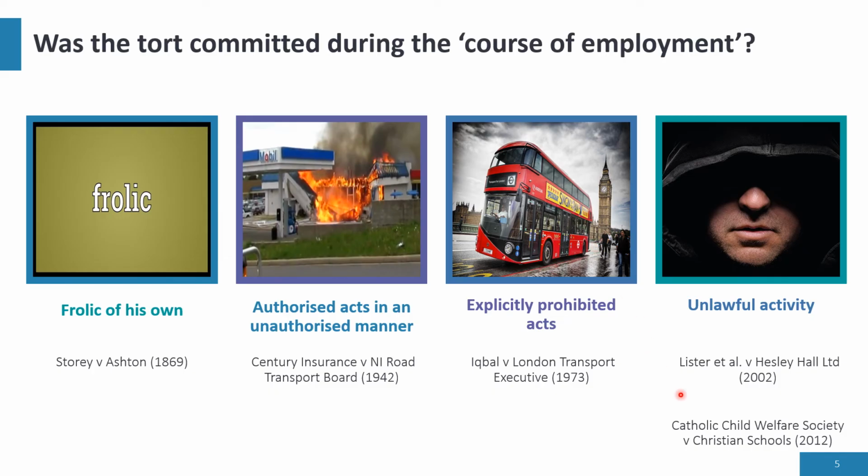So in the case of Lister, very unfortunate case, very unpleasant facts involving sexual abuse of children, the court applied the test of closeness of connection and held that since the abuse occurred on the employer's premises whilst the employee was performing his duties of caring for the children, vicarious liability was imposed. And a similar decision was reached in the Catholic Child Welfare Society cases as well.